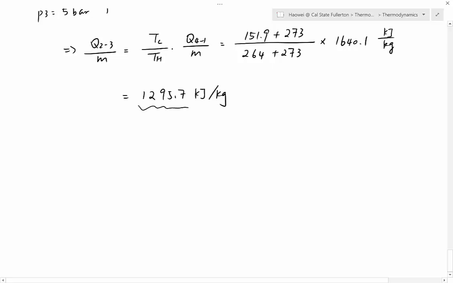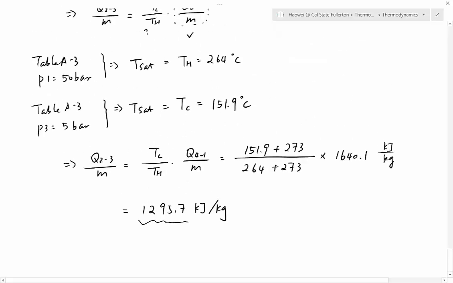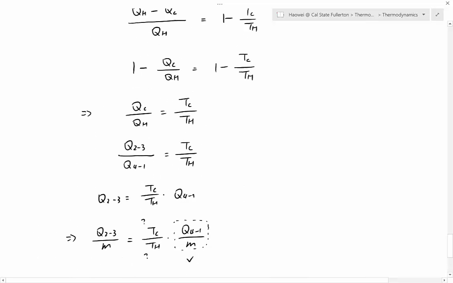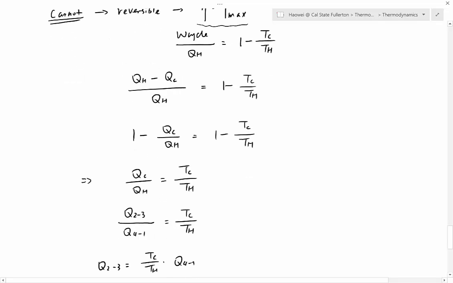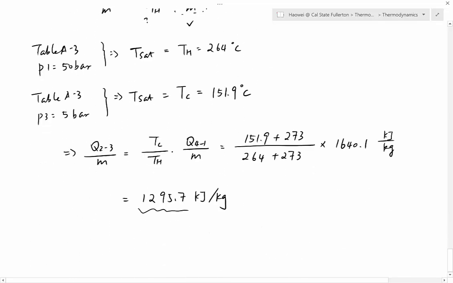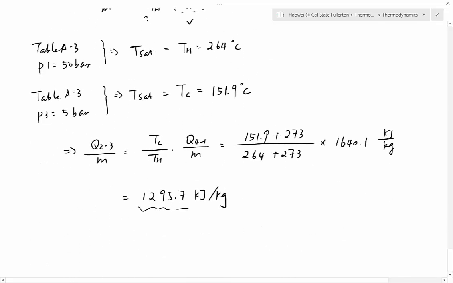How? That's because we didn't use first law of thermodynamics. The signs are very strict you have to follow whenever you use first law of thermodynamics. But when we were looking for Q223, we did not use first law. What did we use? We used Carnot cycle, eta equal to eta max, to find Q223. That's why the solution doesn't have a negative sign.